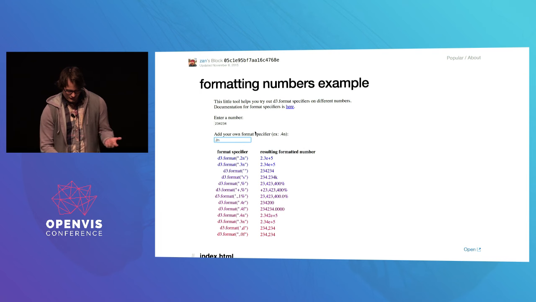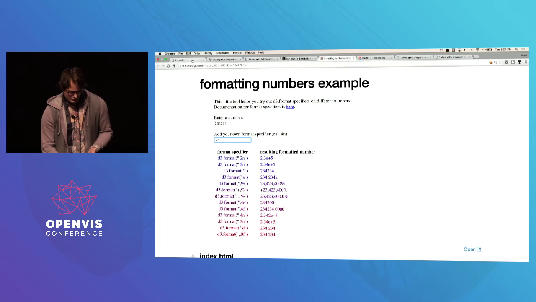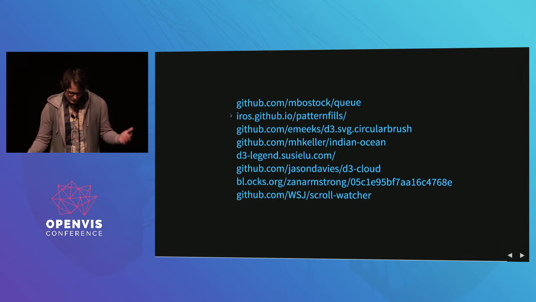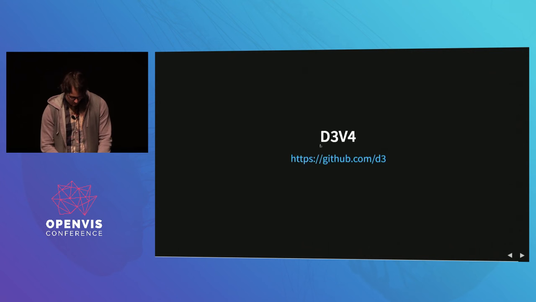And she said this was the second thing she made with D3, because she was having trouble understanding how number formats work. So you don't need to be an expert to do these. You don't need to make a whole monster charting library like Yanowski did to make a useful tool. You can literally do this with just a couple of lines of code and use it to improve your workflow.